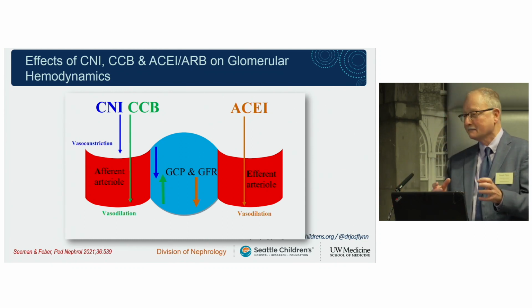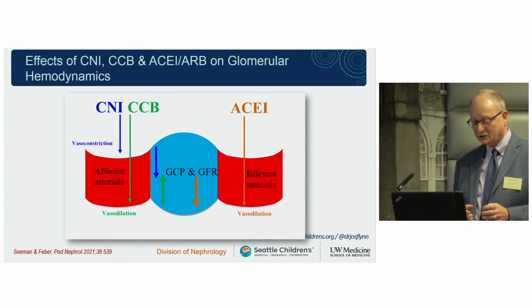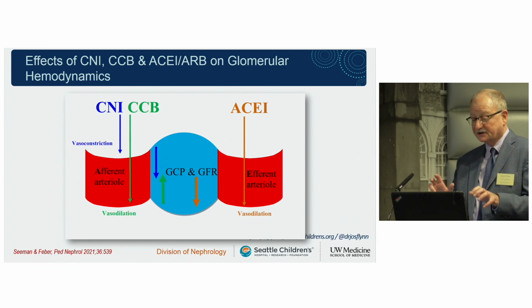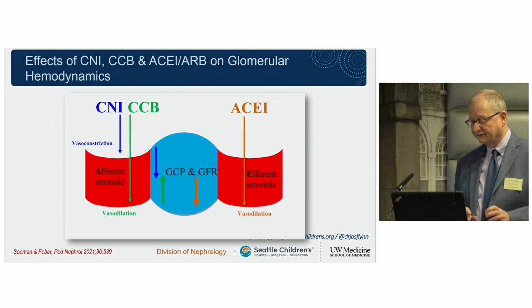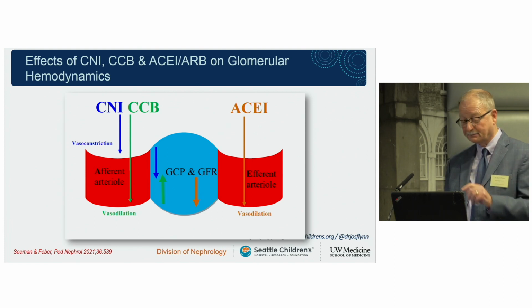This is sort of putting this together a little bit. But as I was talking about earlier, a lot of it is related to intraglomerular hemodynamics and how the effects of calcium channel blockade and ACE inhibitors counteract the effects of calcineurin inhibitors. Okay, now you want to know about blood pressure.